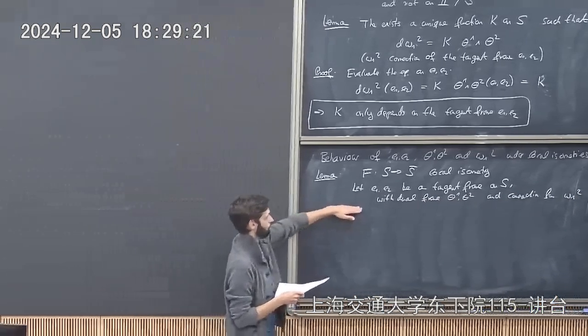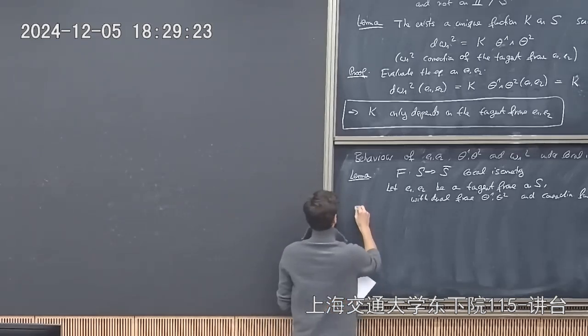So these are all forms on S. And then the lemma says the following.